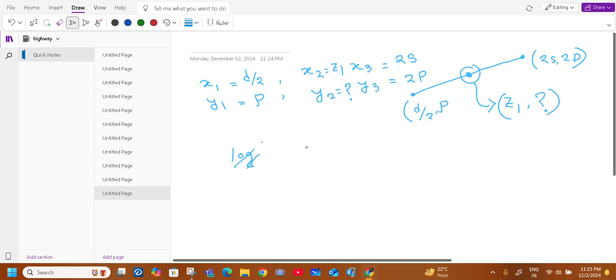the basic formula is y2 minus y1 divided by x2 minus x1 equal to y minus y1 divided by x minus x1.